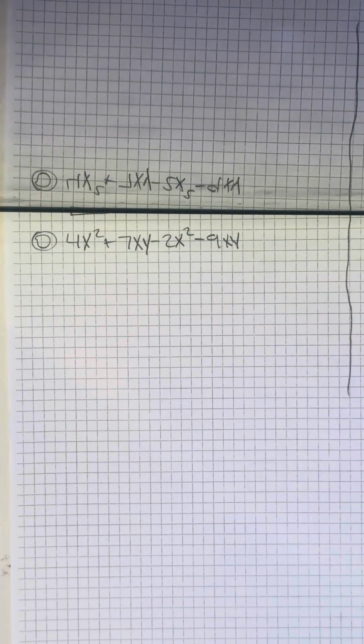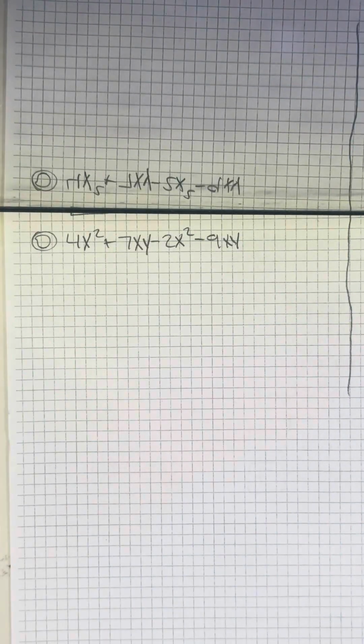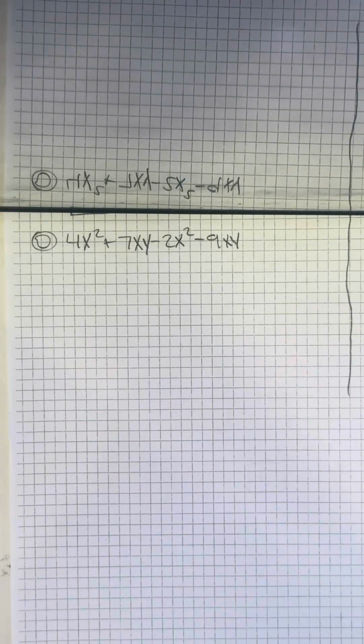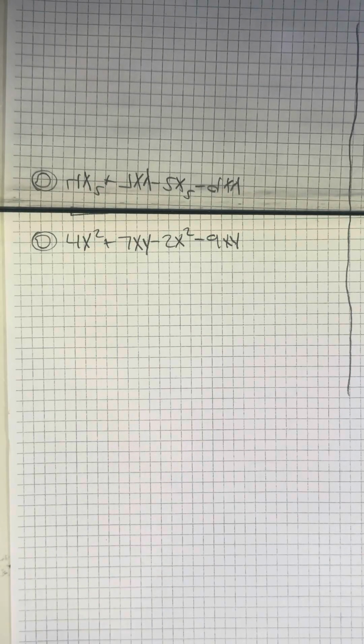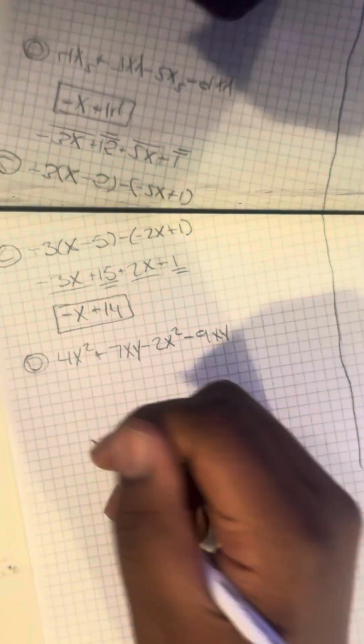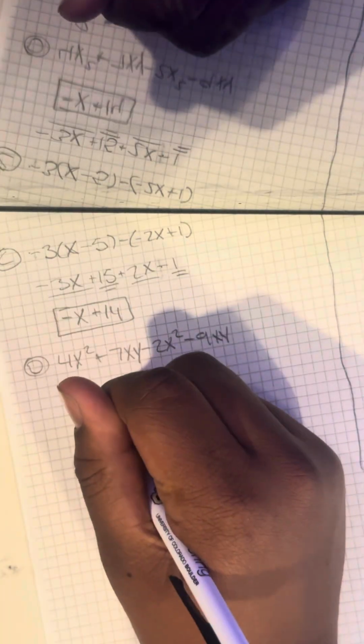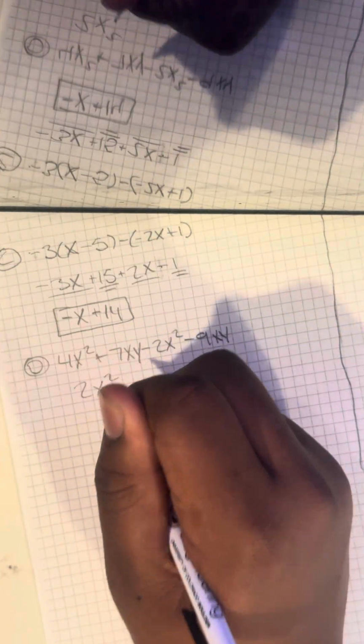All right, now we can start question D, which is 4x squared plus 7xy minus 2x squared minus 9xy. First we have to combine the like terms, and the first like term is x squared. So that is 4x squared minus 2x squared, which will give us 2x squared.